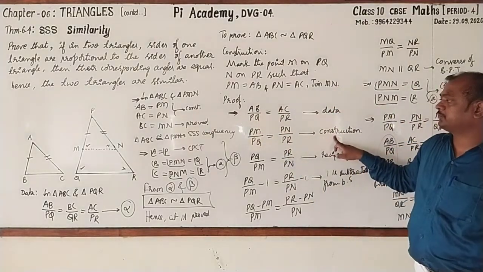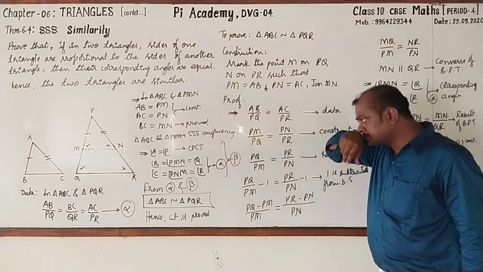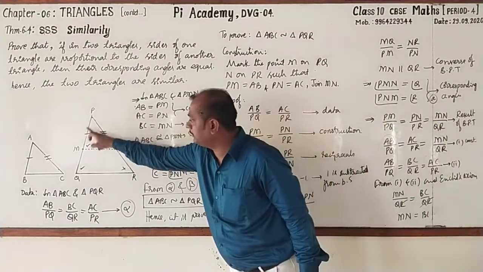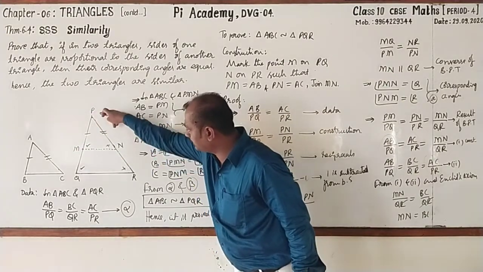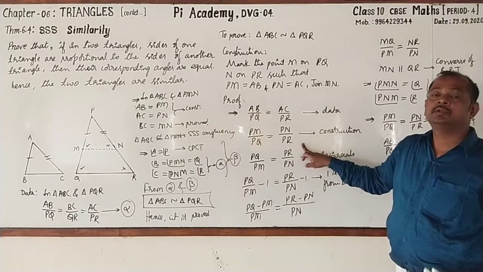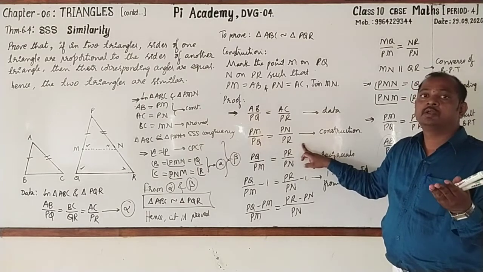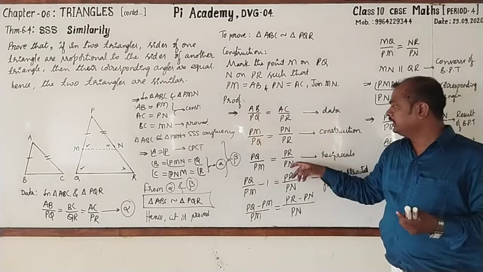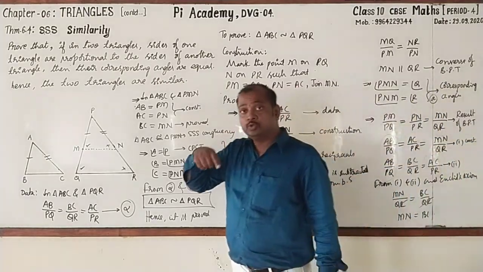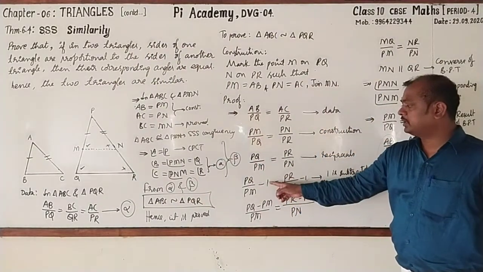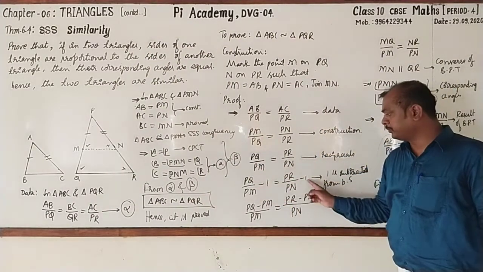It has been written from construction as PM by PQ. Now PM by PQ equal to PN by PR. Directly you could have written that converse of corollary of BPT, but that is a result. Hence, to use converse of BPT, we have subtracted 1 from both the sides.